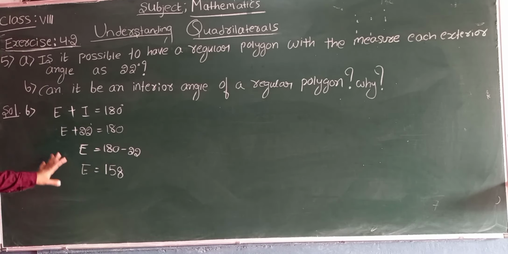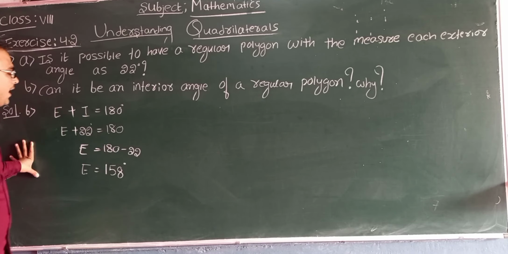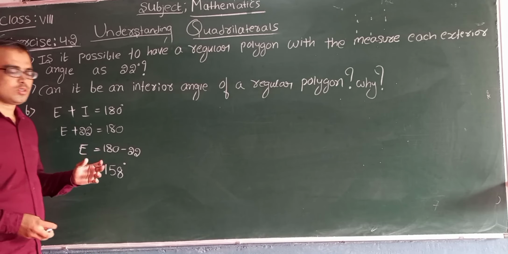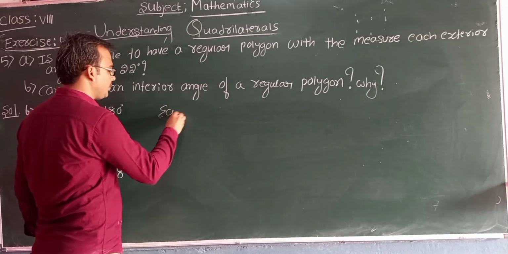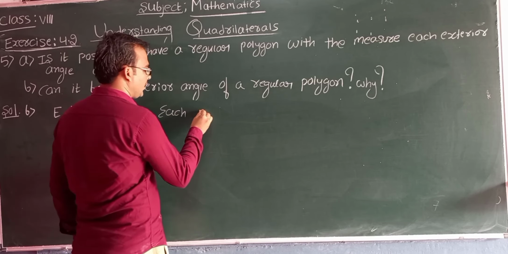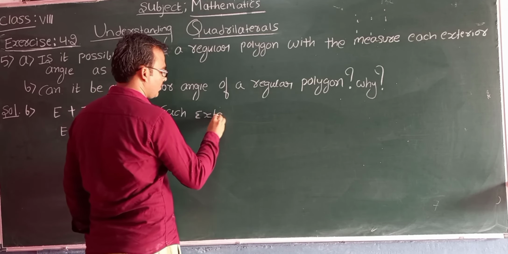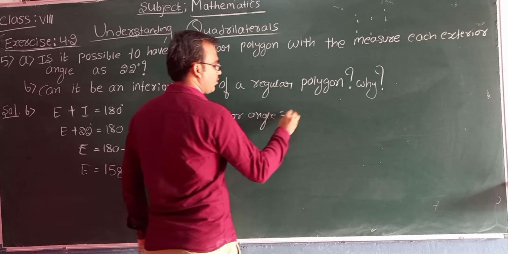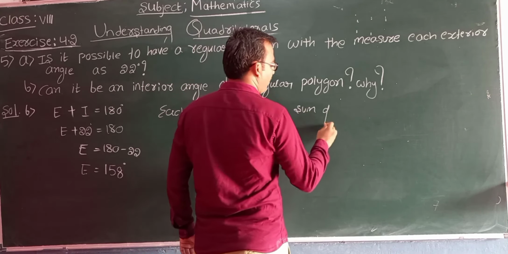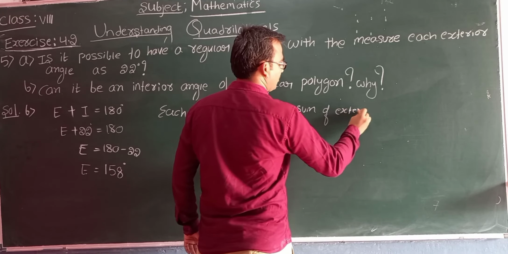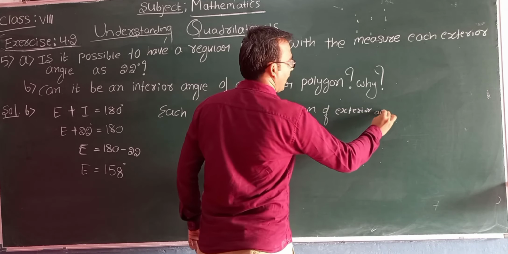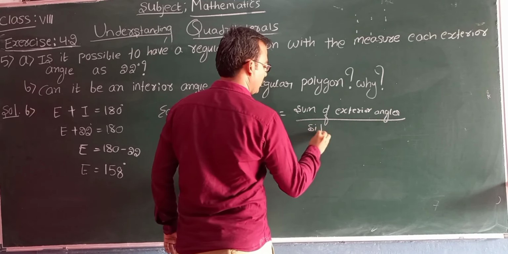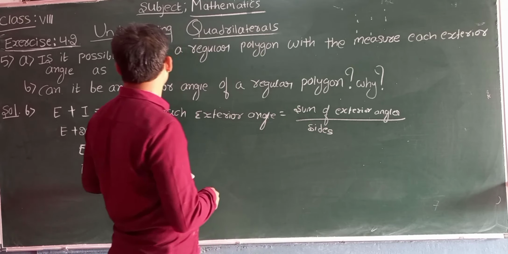Okay, so here we have got the exterior angle as 158 degree. Friends, now we can check that each exterior angle equals the sum of exterior angles divided by the number of sides.